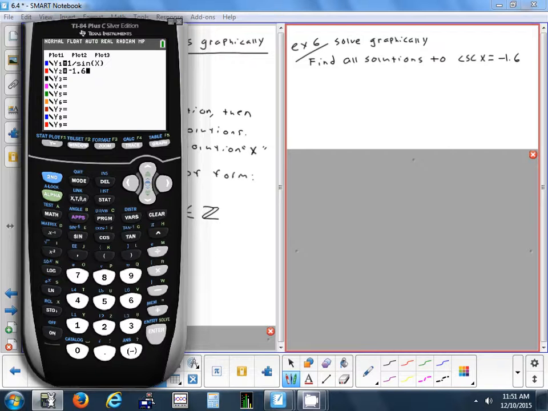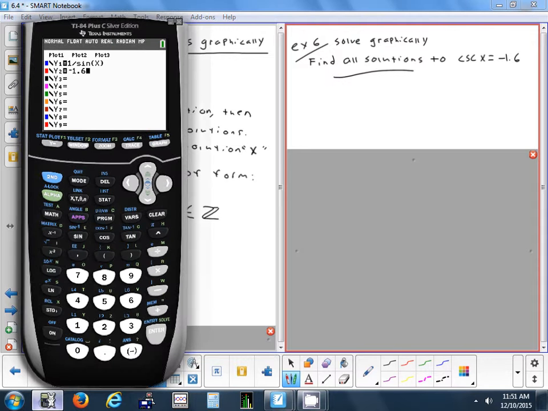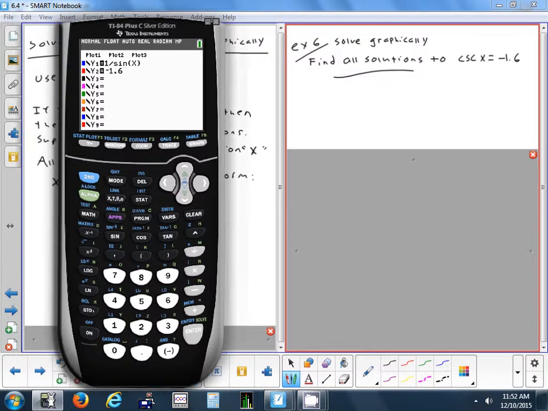And now, they're not telling me a window because they want all solutions. So you need to find your own window that's 1 period long. Find all the solutions in 1 period. And then we can go from there. What's the period of cosecant? 2 pi.